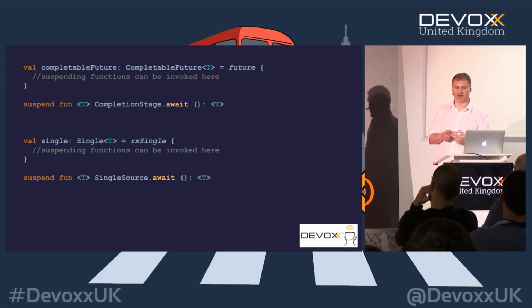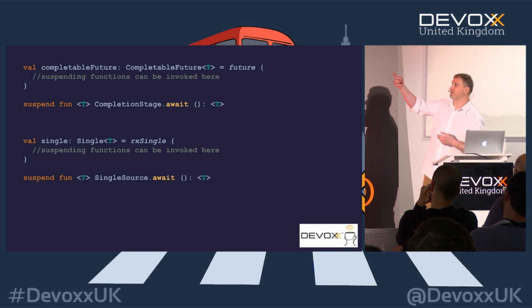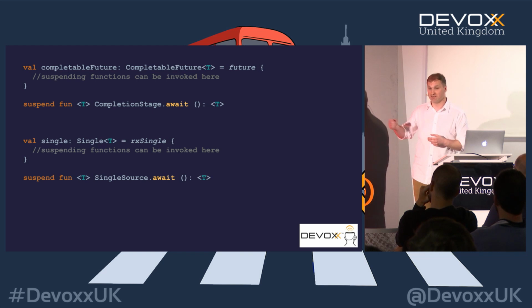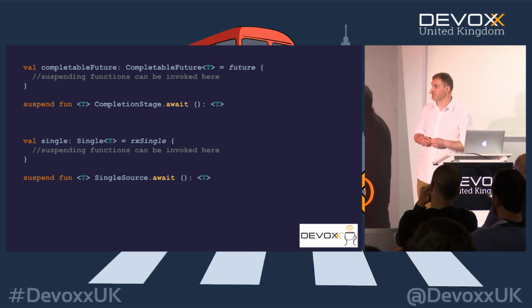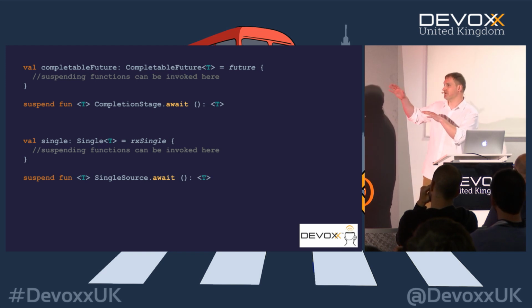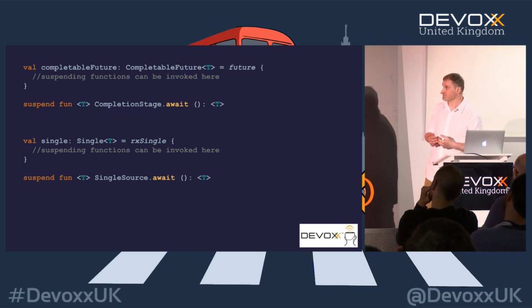So here you have the await function on CompletionStage, and CompletableFuture actually inherits from CompletionStage. So you can call it also on the CompletableFuture. And with await, it actually waits almost in the same way as it does for deferred that we've seen just a few minutes ago. And the same thing you can do with RxJava.